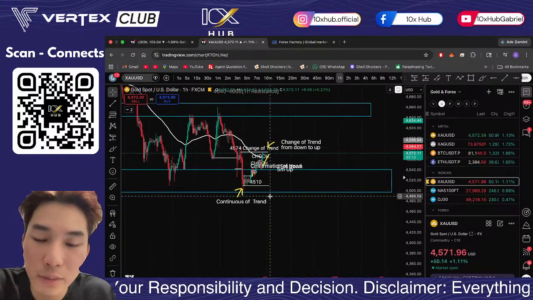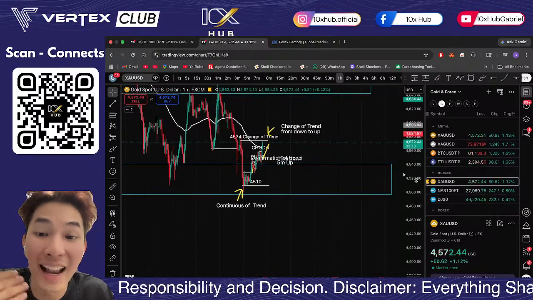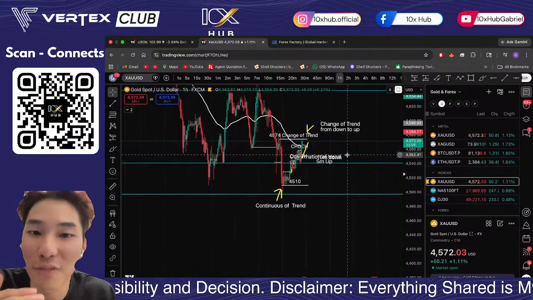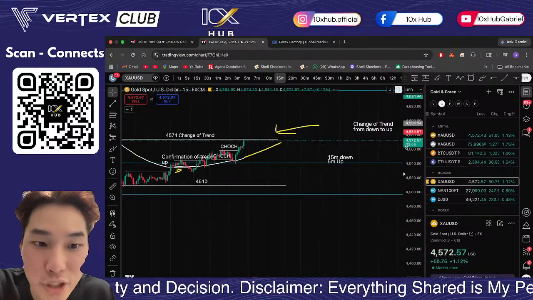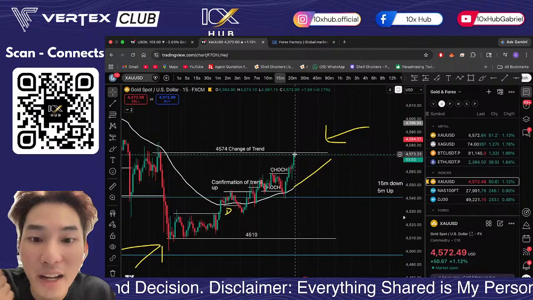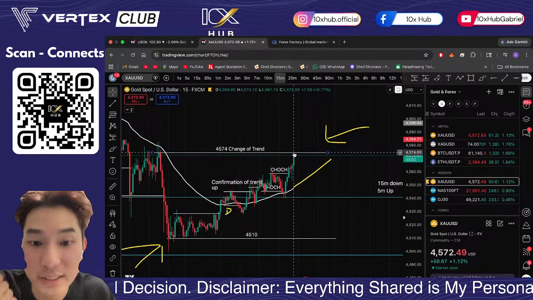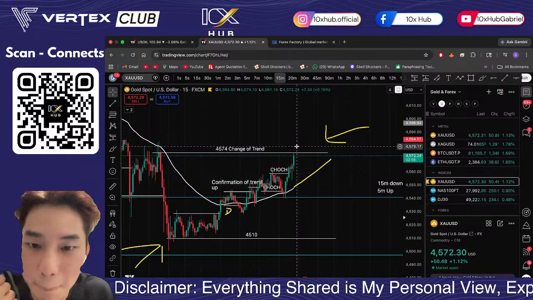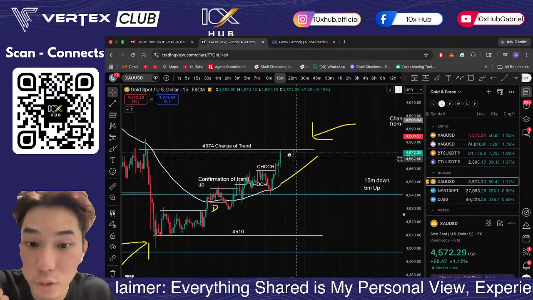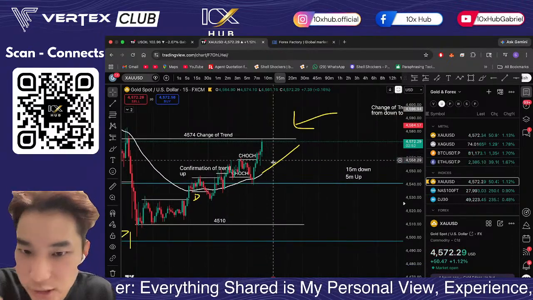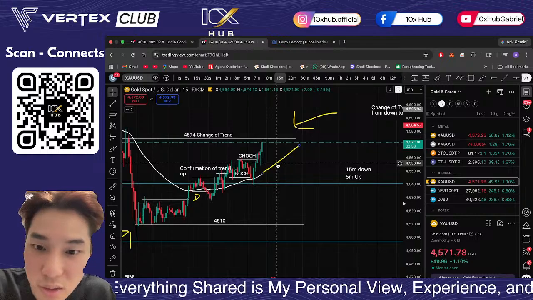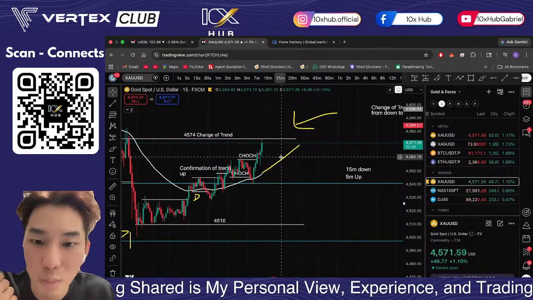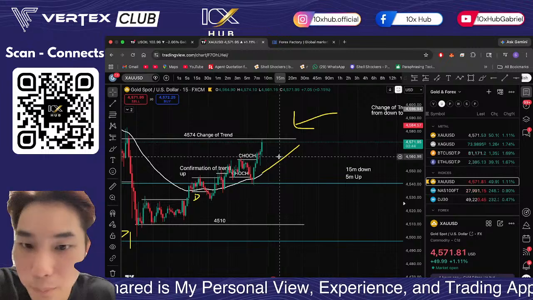Okay, engulfing, we use engulfing as the last confirmation. That is the final confirmation. So the first confirmation that I want to see is a change of character happening first, which is this white color line, 4574. After it closes above, the next thing that I want to see is it retracing back to this EMA 52. After it retraces back to this EMA 52, then I will need to wait for an engulfing to happen.